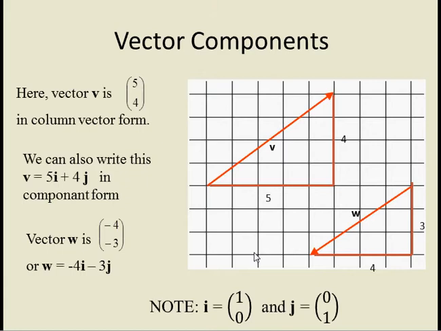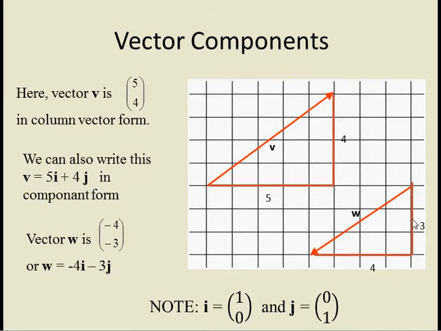An alternative way, rather than column vectors, is called vector components. Vector v here is (5, 4), 5 to the right and 4 up, from the beginning to the end of the vector. You can also write that as 5i plus 4j.